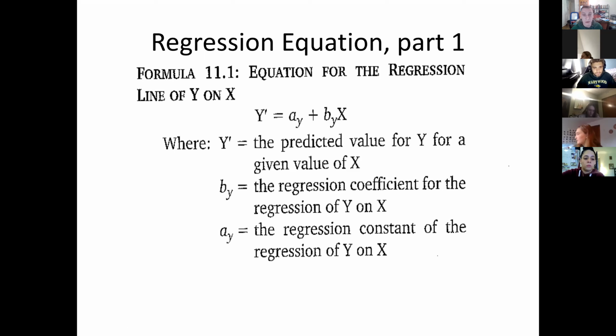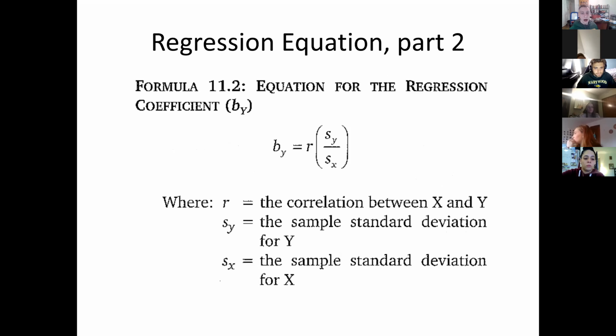And so that's the regression equation. So it's just y equals a plus bx. That's all. The subscripts y here are just telling you that's all in reference to this outcome y. So it's just y equals a plus bx, or it could be y equals a minus bx. It just depends on the sign of the beta, but y equals a plus or minus bx is the basic equation.